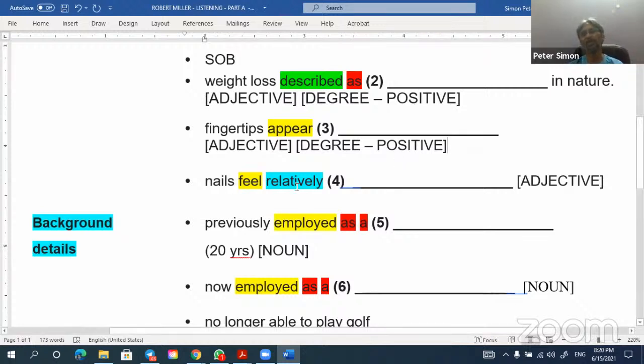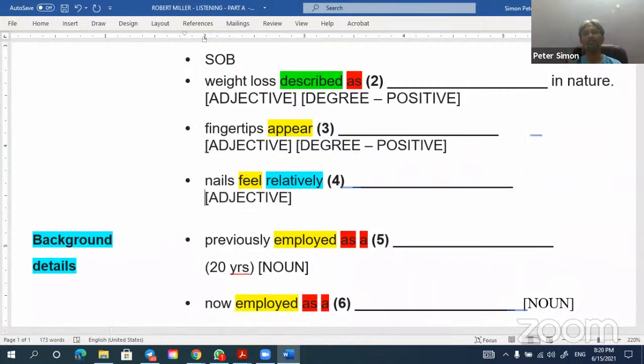Next one, nails feel relatively dash. Nails feel relatively soft, or softer than, or harder than, then comparative. The hardest. So now here you can have relatively. Relatively is comparative degree. Relatively, in relation to something else. So there is a chance that this may be either positive or comparative.